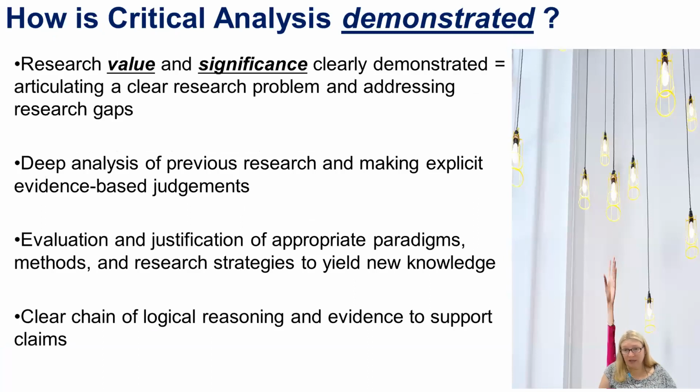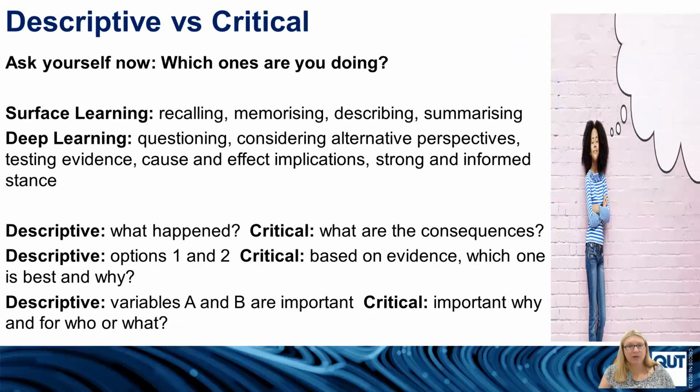How do we demonstrate critical analysis? With that strong vocabulary, by stating the value and significance of your study and saying there's a clear research problem, by evaluating and justifying previous studies and their paradigms and research strategies, and having that chain of logical reasoning as well. So that really nice structure to lead the reader through.